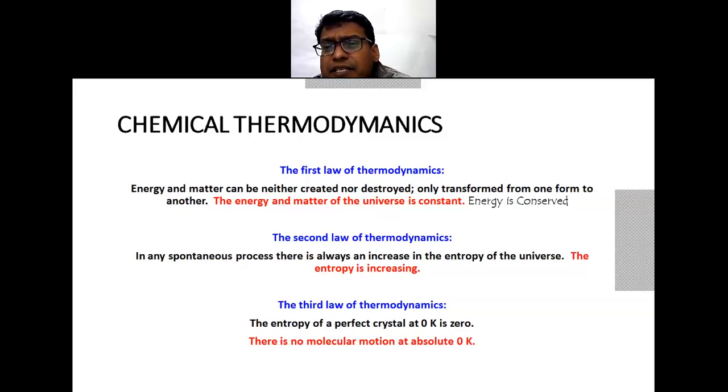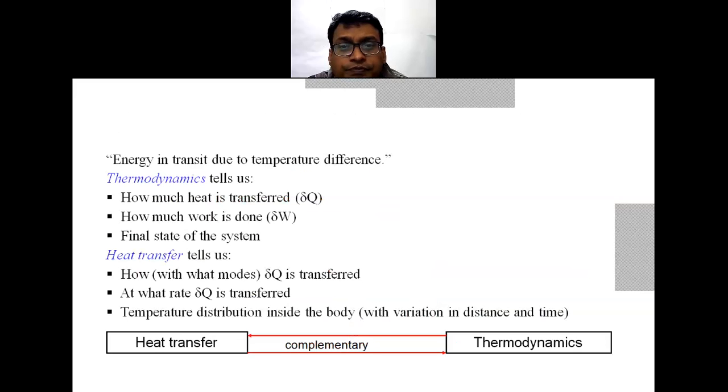These basic principles are also used in heat transfer to develop the mathematical equations. Then the second law: in any spontaneous process, there is always an increase in entropy of the universe. And the third law: the entropy of a perfect crystal at 0 Kelvin is 0. There is no molecular motion at absolute 0. It freezes at absolute 0.